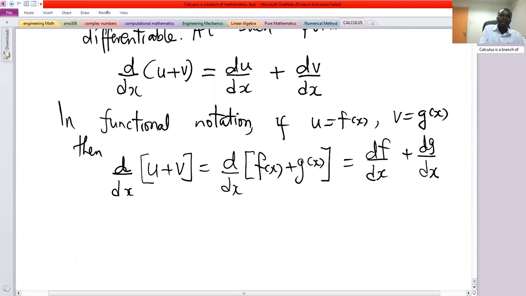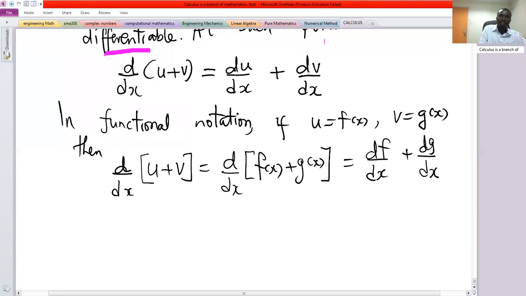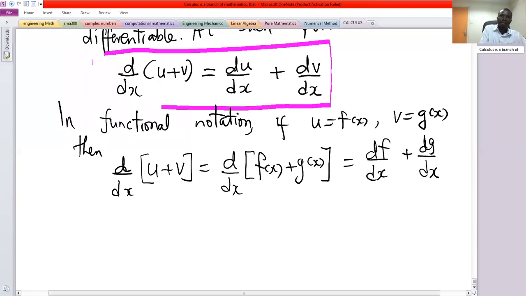So this is what we call the sum rule, either this or this.